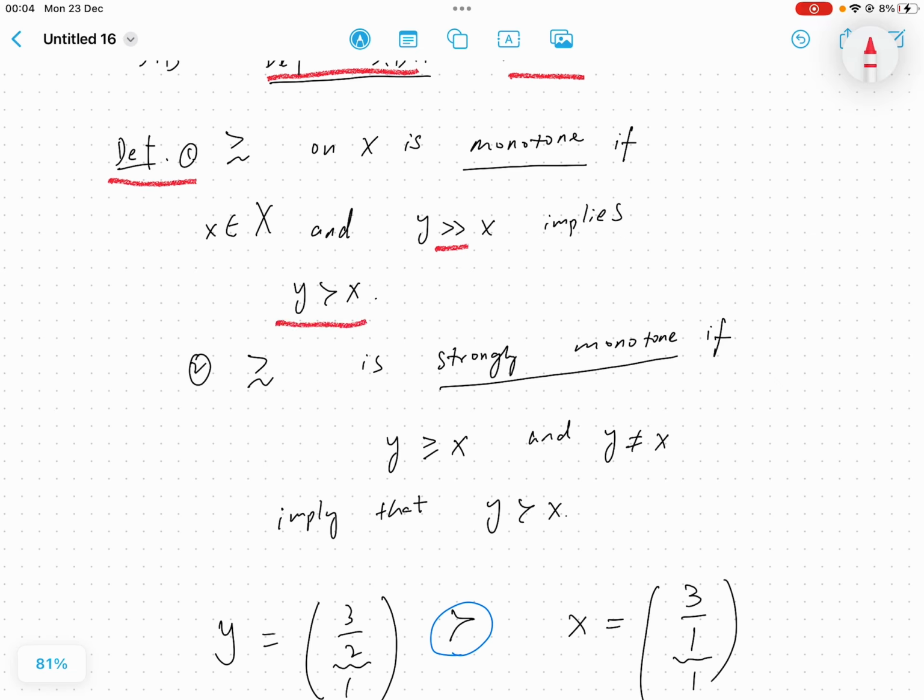If this is true, then we call this preference relation monotone.